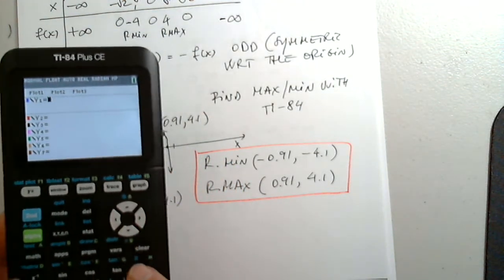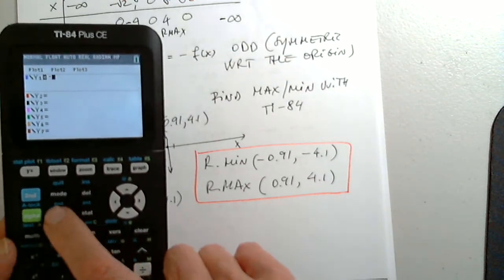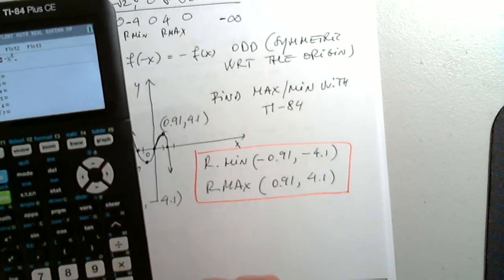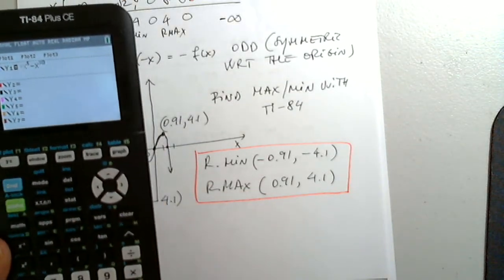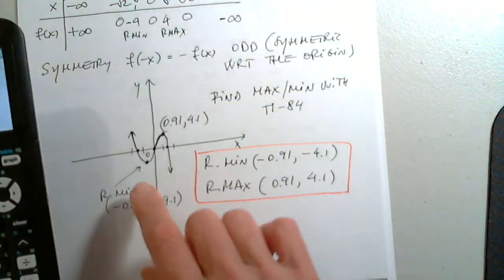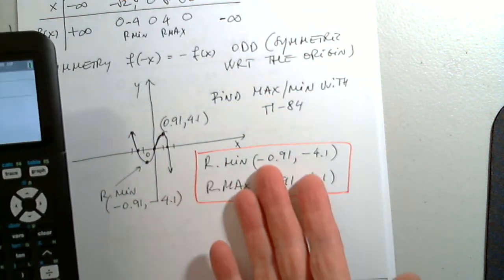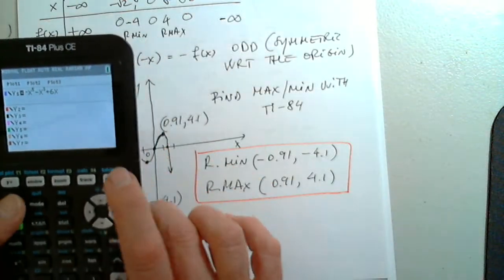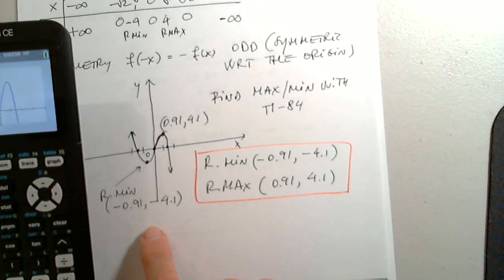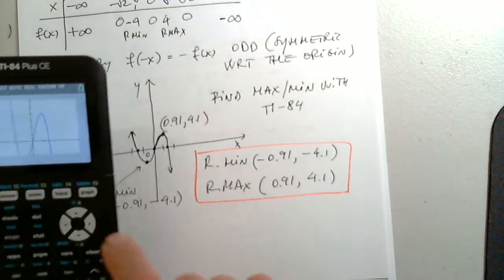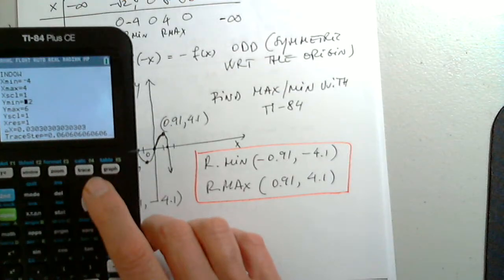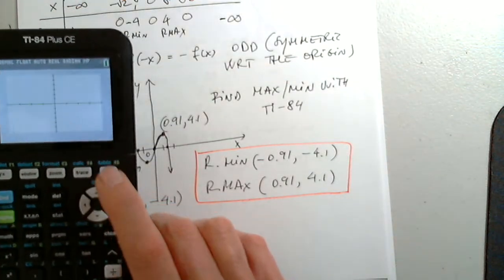So the graph function is -x to the 5th, and then minus x to the 3rd, and then plus 6x. Again, I already calculated this before, so I know the viewing window is fine, so I just want to graph. The viewing window is not fine, so I just have to adjust the y minimum to -6.